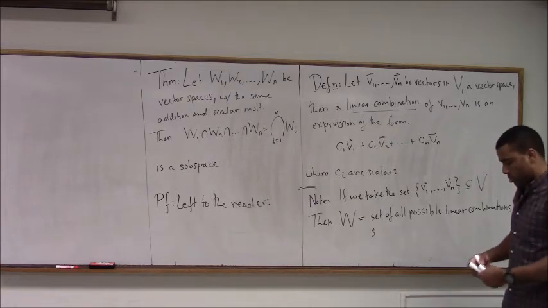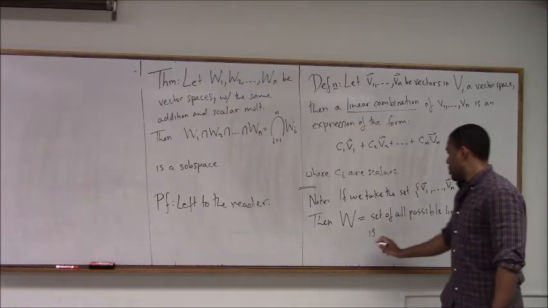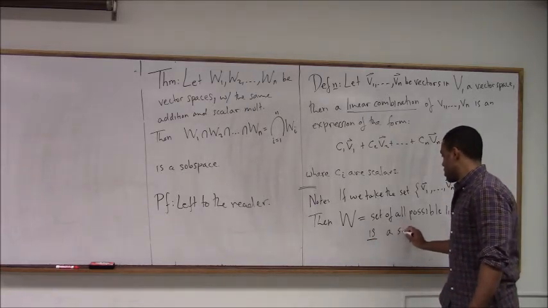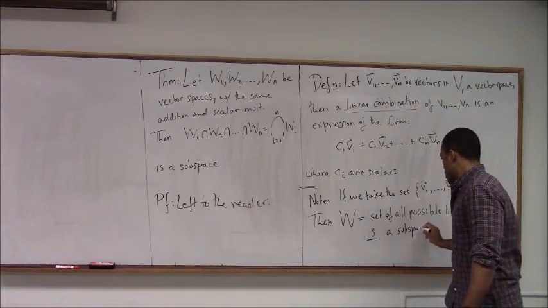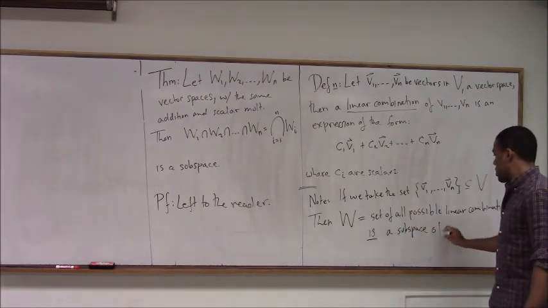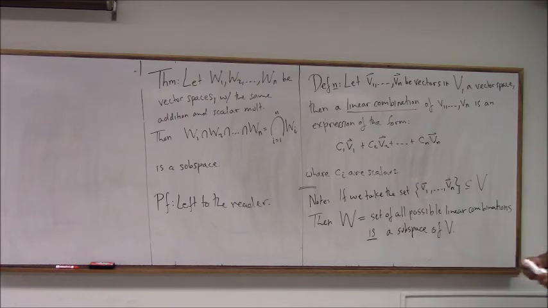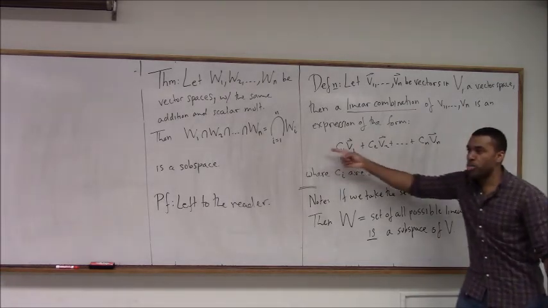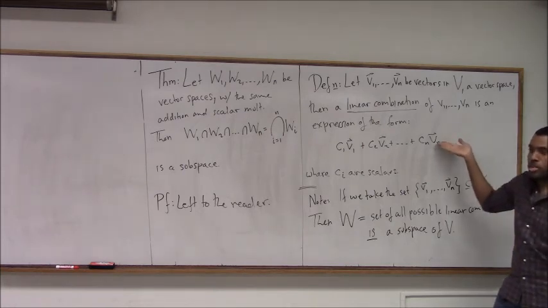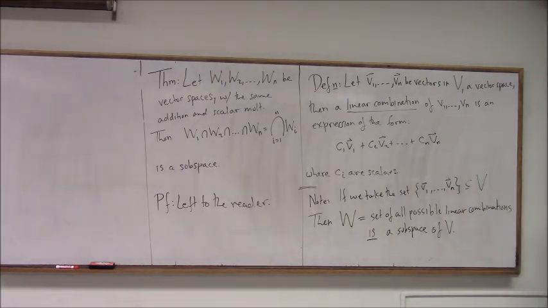It is a subspace. Clearly, if I take any object that looks like this and I multiply through by a real number, I get another object that looks like this, right?